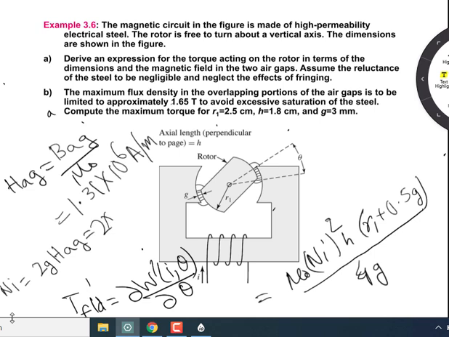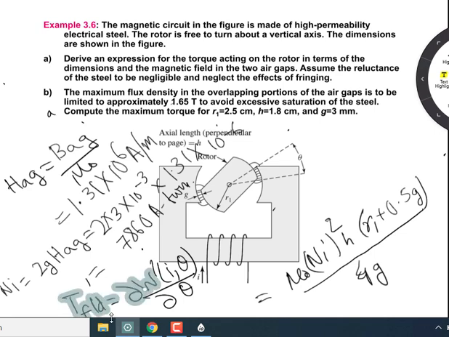So 2 into 3 into 10 to the power minus 3, because we are doing everything in SI unit. So it will give you 7860 ampere turns, right?